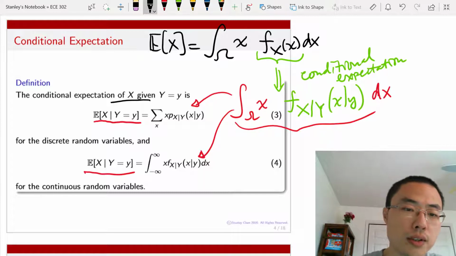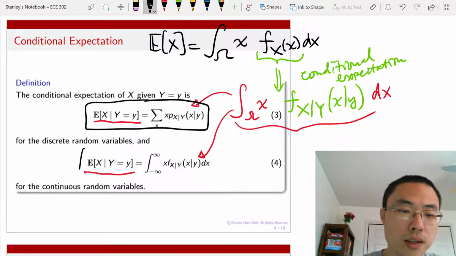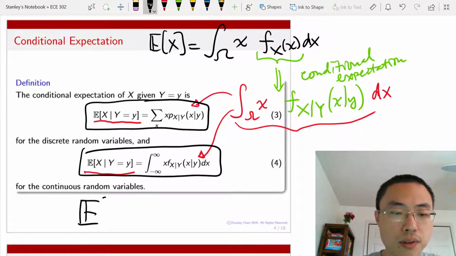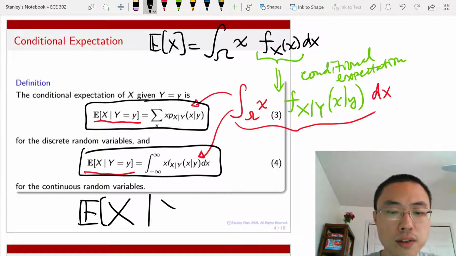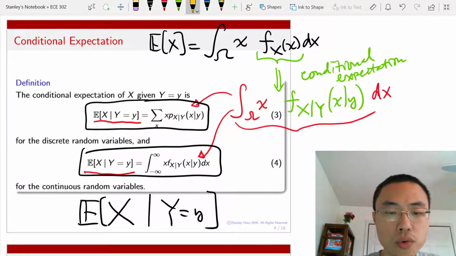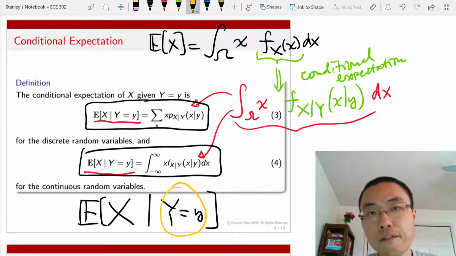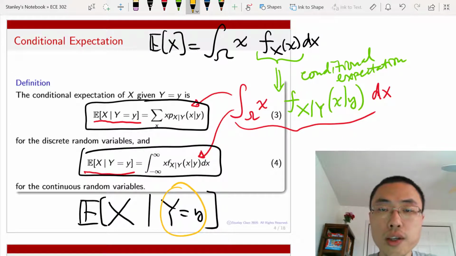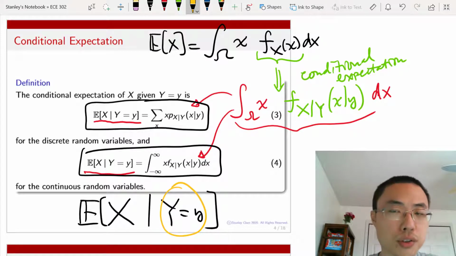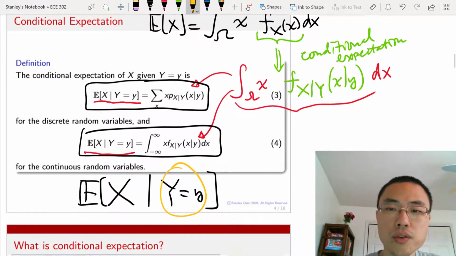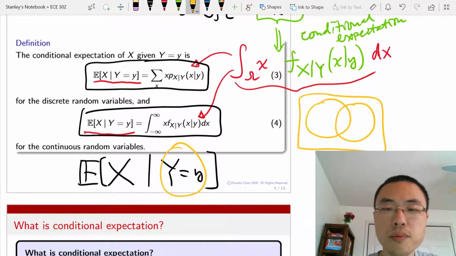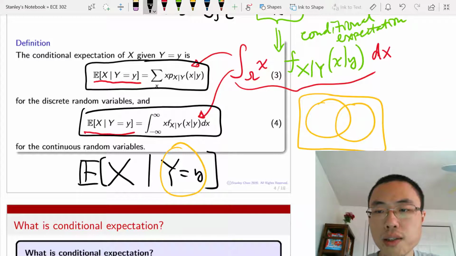So I hope you can see the definition, what they mean to have this notation of expectation of x given y equals small y. It really means that your y variable is fixed at a certain deterministic quantity. So there are multiple states of y, but you're looking at a particular state. So in other words, if you have a diagram here, y can take many possible states, but you're looking at this particular state.